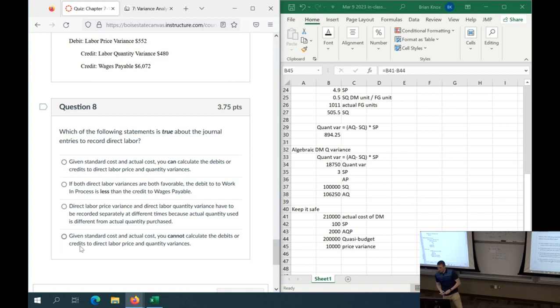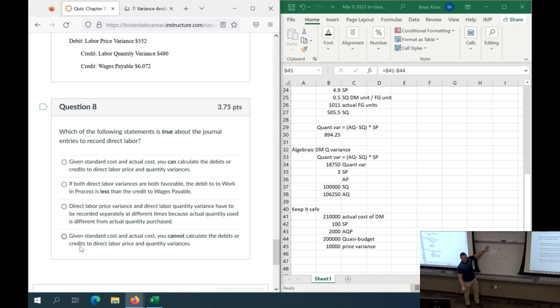So all right. Can we or can we not, given standard cost, we're given this, and given actual cost, we're given this, because we have to record wages payable at the actual cost for direct labor. We have to record what we actually owe, or our name is Enron.